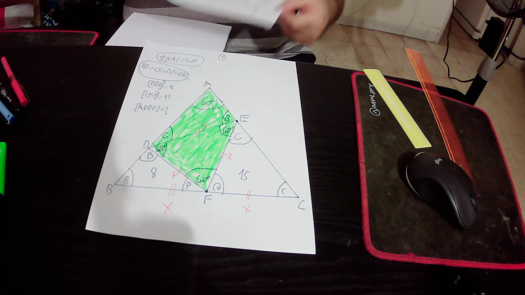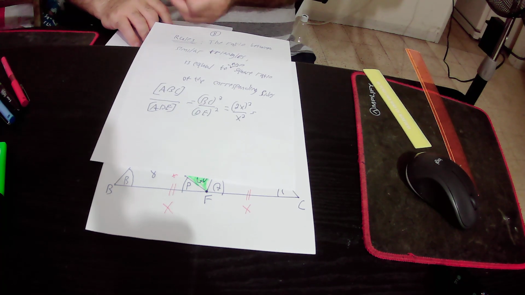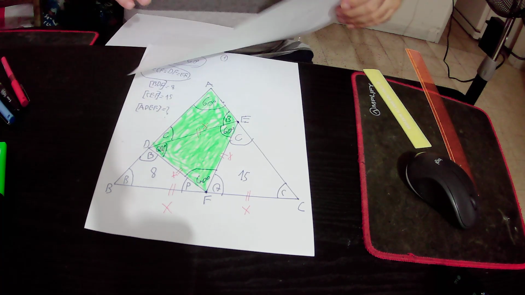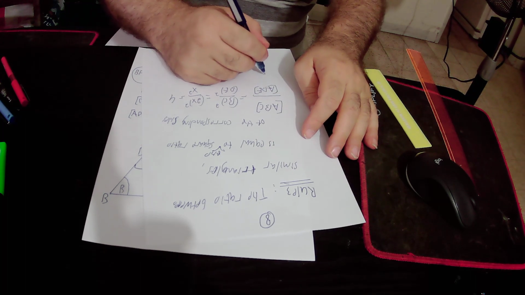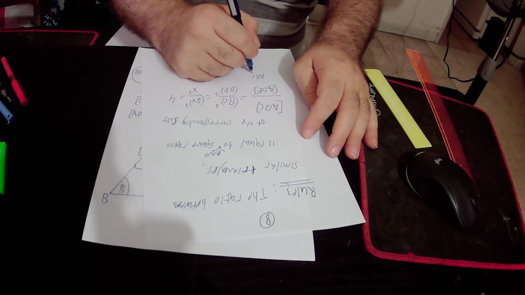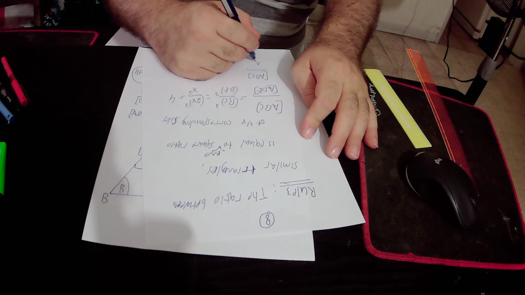So we got that the area of triangle ABC over the area of triangle ADE equals (2x) square over x square. (2x) square is 4x square, and 4x square over x square is 4. So here we got 4: the area of triangle ABC over the area of triangle ADE equals 4.